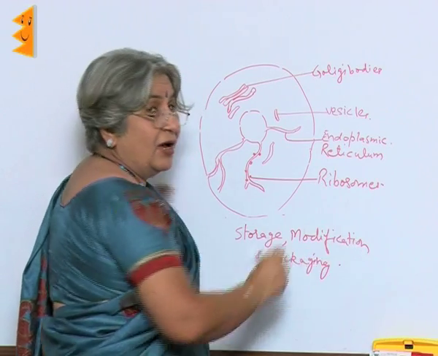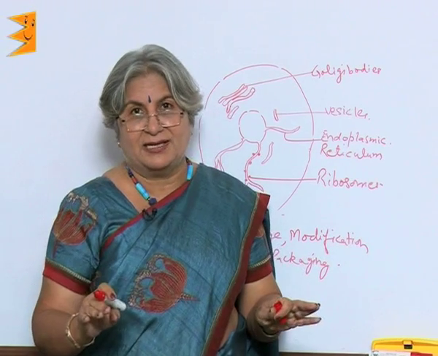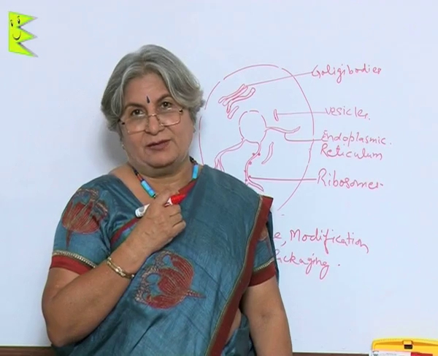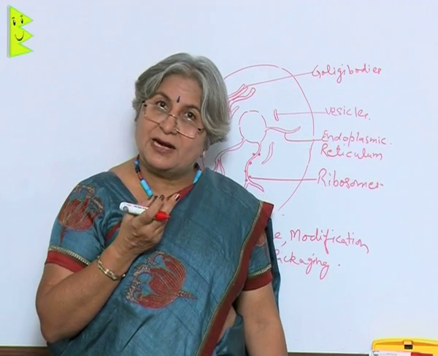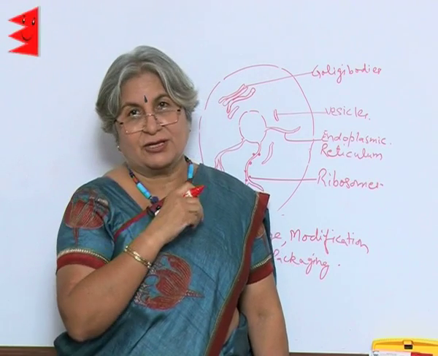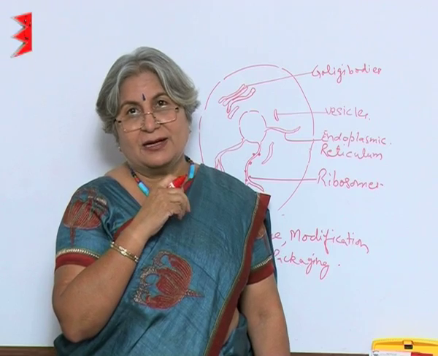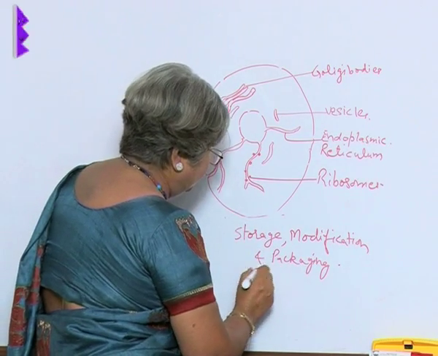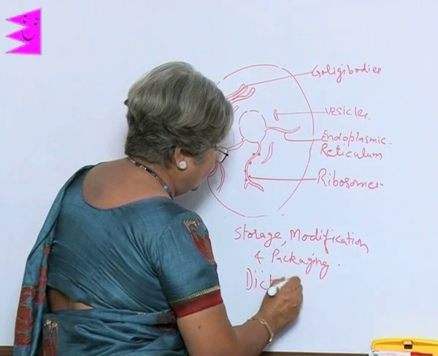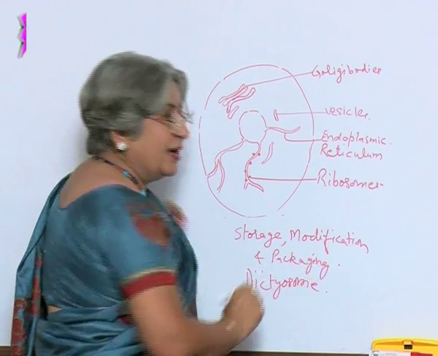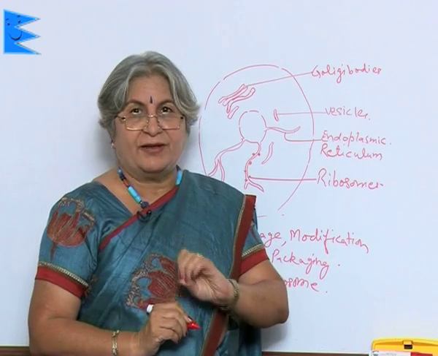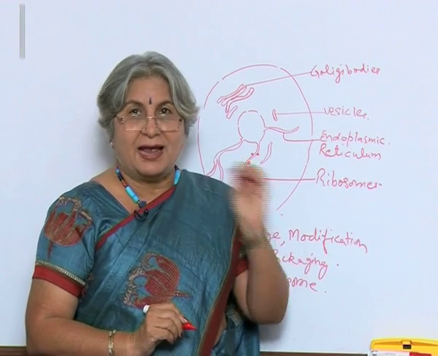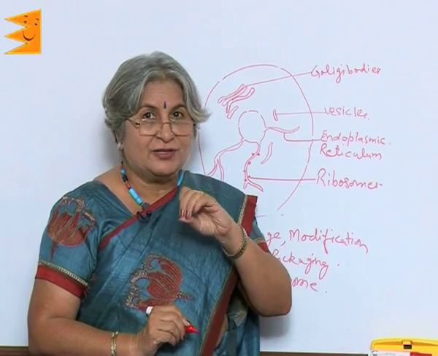Interestingly, Golgi bodies are not present in the plant cells, they are found only in the animal cells. So, then what do plant cells do? They have a structure which is somewhat parallel to the Golgi bodies, but it is called dictyosome. So, when you are trying to understand the differences between plant cell and animal cell, what all will you say?